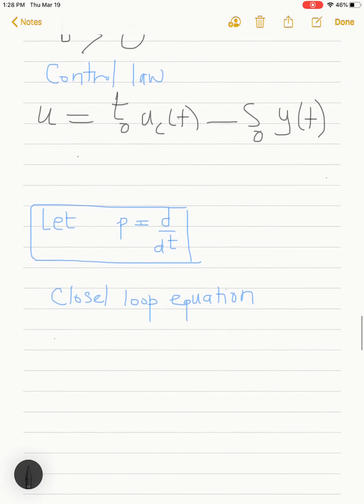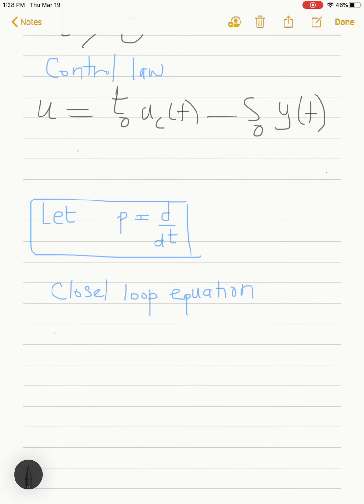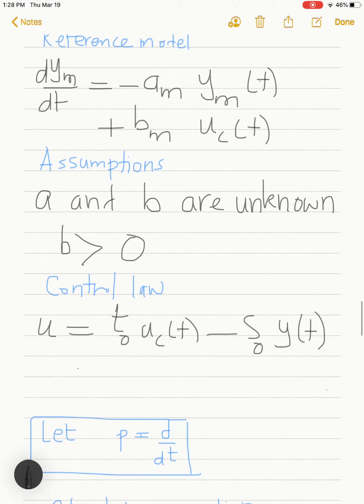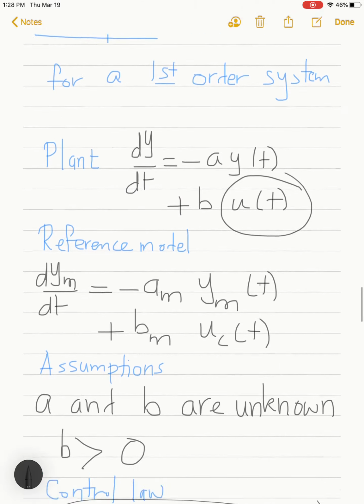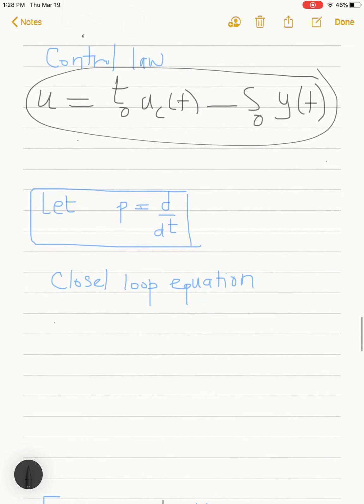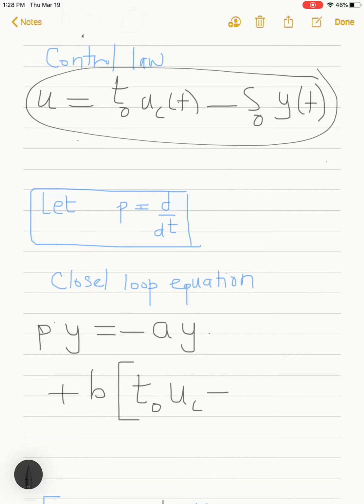If we define the operator p as d/dt, I can write the equation of the closed loop system. This is just by substituting this expression for u into the equation of the plant dy/dt. So I would write p y = -a times y + b times the expression for the control, t0 uc - s0 y.